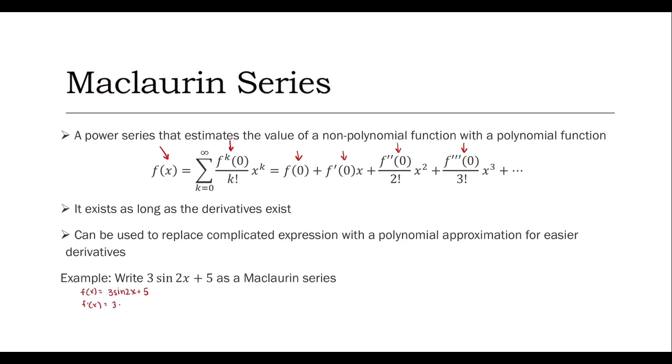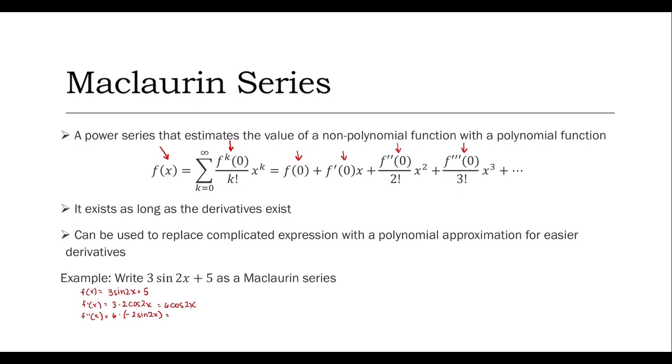The derivative of sine of 2x is cosine of 2x times 2, and then the derivative of 5 is 0. So this equals 6 cosine 2x. Our f double prime of x is going to equal, our 6 stays out front. Our derivative of cosine of 2x is going to be negative sine of 2x times 2.